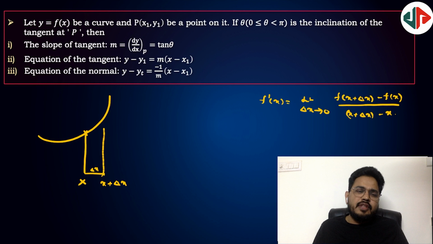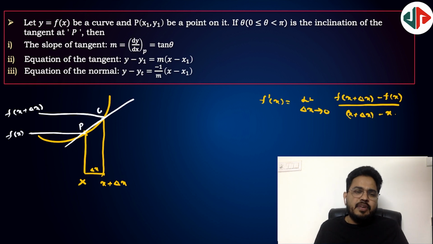So you join this. If you look for the slope of this line, this corresponding y value is f of x plus delta x. The corresponding y value here is f of x.